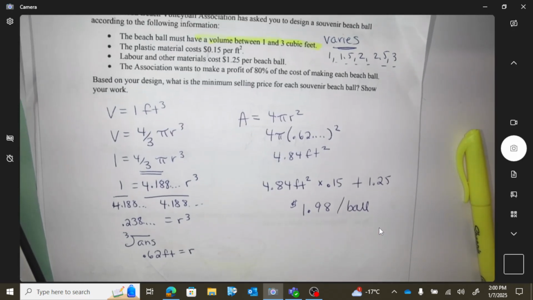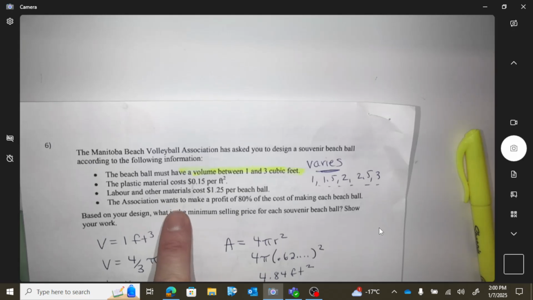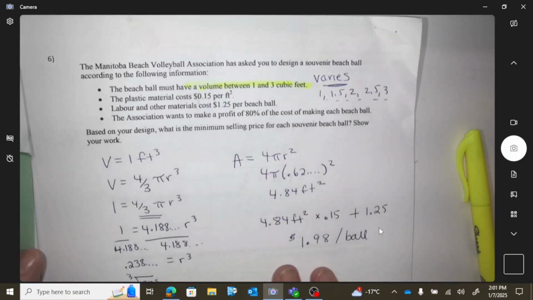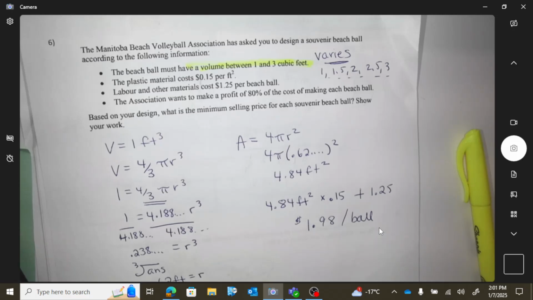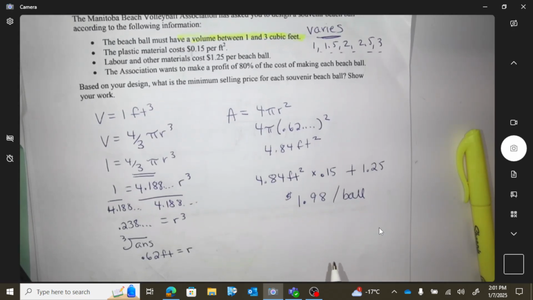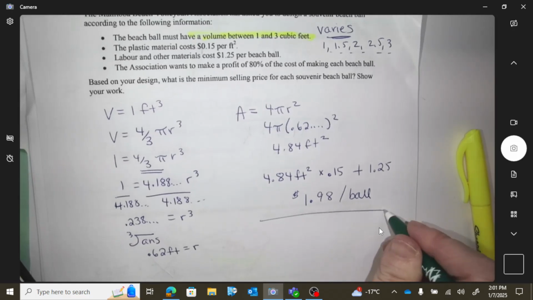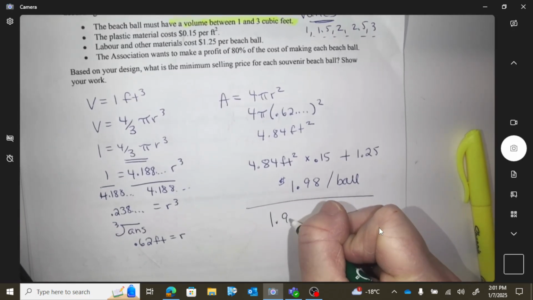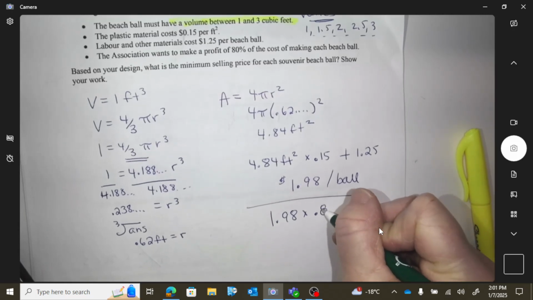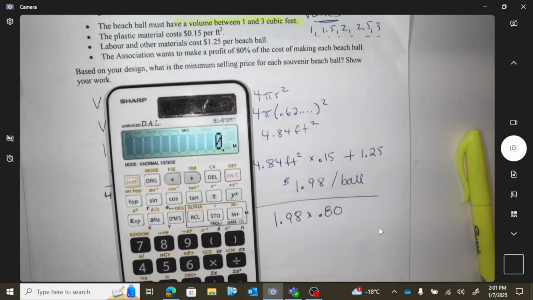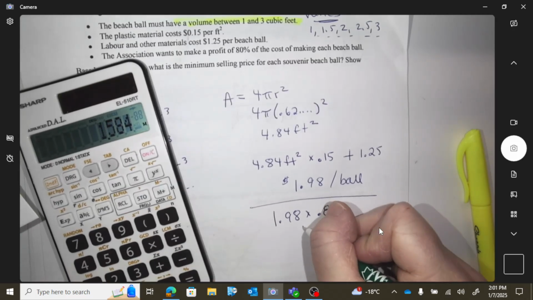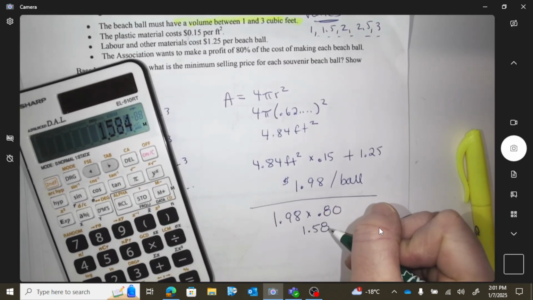Okay, the next thing, the association wants to make a profit of 80% of the cost of making each ball. So if I want to make a profit of 80%, I'm going to times this by 0.8, which is 1.58.